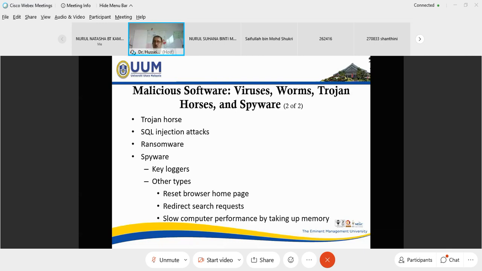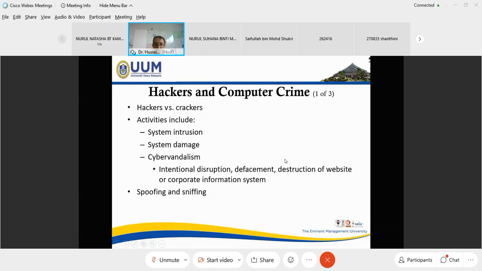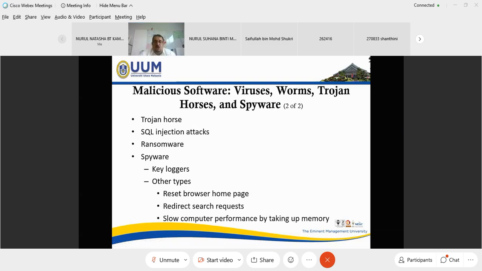We call them keyloggers, which collect what you key in. Other types reset the browser homepage, and some spyware can redirect your search requests to other places. It also causes slow computer performance by taking up memory. This is a problem, I mean, it's very dangerous. You can see your computer is taking a long time to accomplish things.